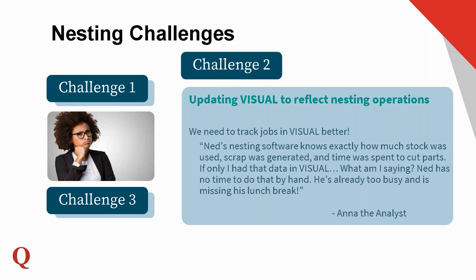It has the cutting time, whether that's the estimated or, depending on certain nesting modules, you can actually get the actual cutting time. But overall, Anna wants to be able to tell Visual all of this super useful information. And how do I update my work orders in Visual so that what's happening on the shop floor related to these cutting operations ends up inside of Visual? So that's our second challenge here.